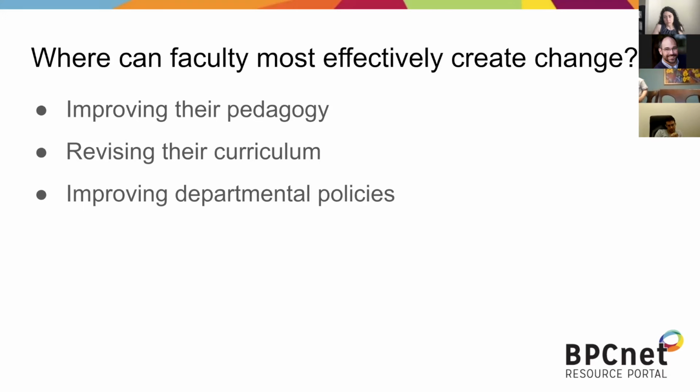I'm sorry for the nonprofits that don't have students. I think it is our responsibility to be doing everything we can to avoid amplifying existing racial inequity. And we can go further, but let's start by not amplifying existing racial inequity. And I think taking a hard look at your departmental policies can be really important for that. And we've got a lot of resources on bpcnet.org to try and identify what policies might need improving.